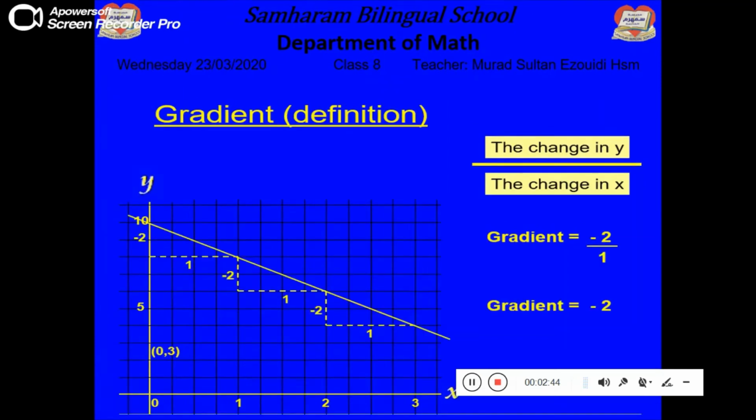Then we continue here. Now let's see when the gradient is negative, meaning that the graph of the equation y equals mx plus c, where m is negative, goes downwards.